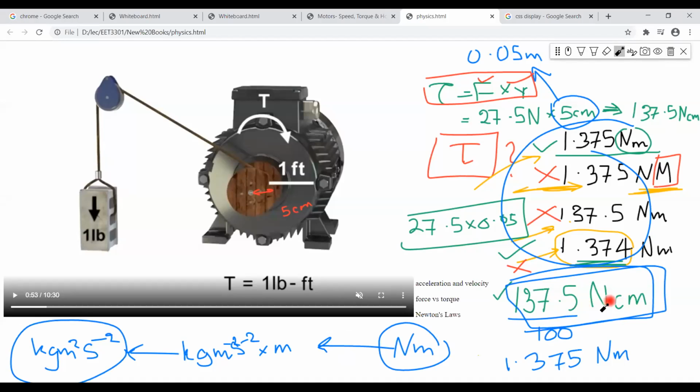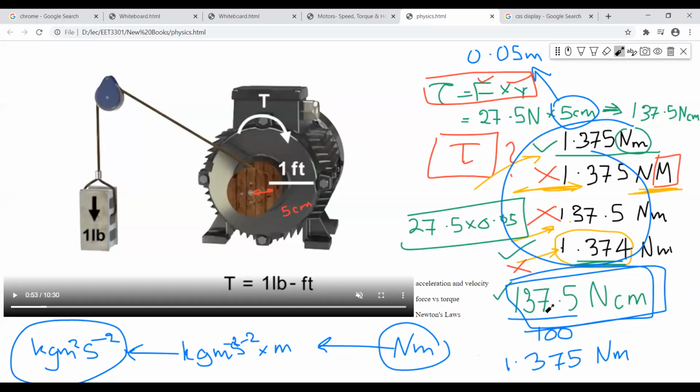137.5 Newton centimeters is a correct answer, because I didn't ask you to convert it to Newton meters. But as a practice, it is a good thing to go with SI units, especially if this is going to be an end exam paper question or some problem you are going to face in the industry. This is not going to end here. Maybe in your next problem you are going to apply this answer.